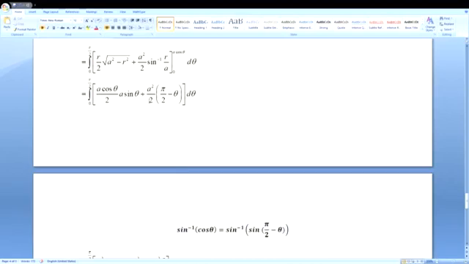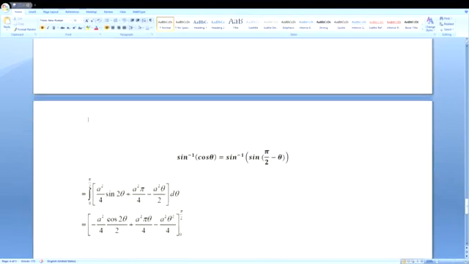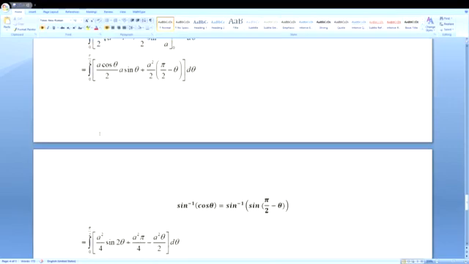So we get here a square by 2 into pi by 2 minus theta. Now it is integral 0 to pi by 2. Sin theta cos theta is sin 2 theta divided by 2, so a square sin 2 theta divided by 2 into 2, 4, then plus a square pi by 4 minus a square theta by 2.